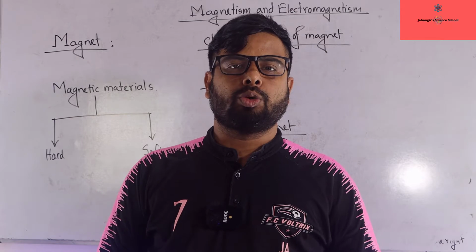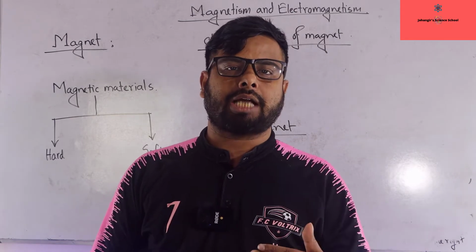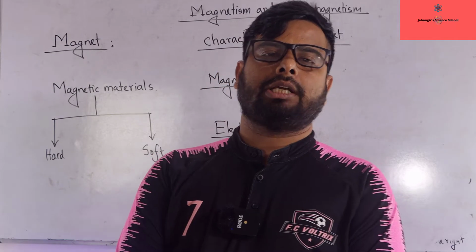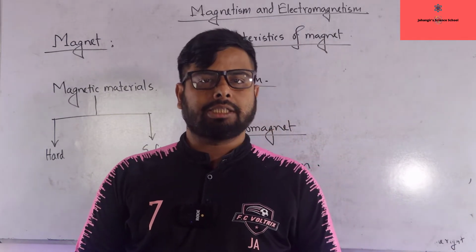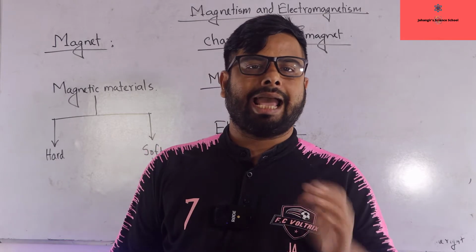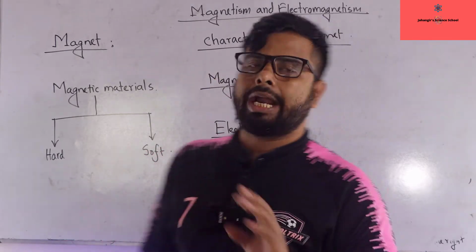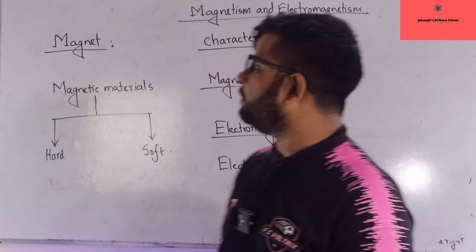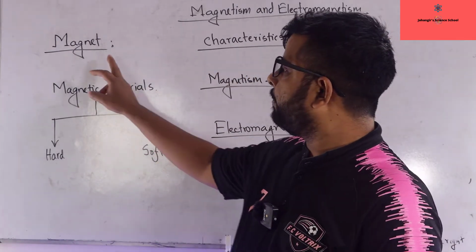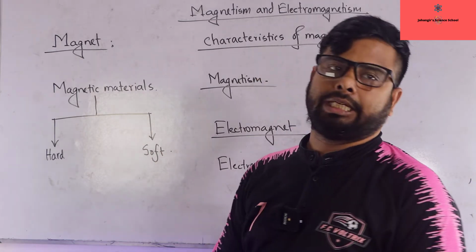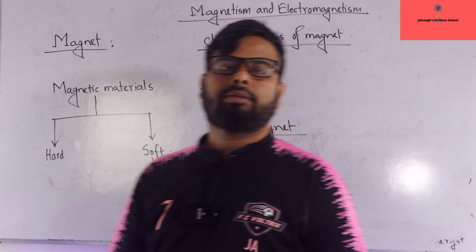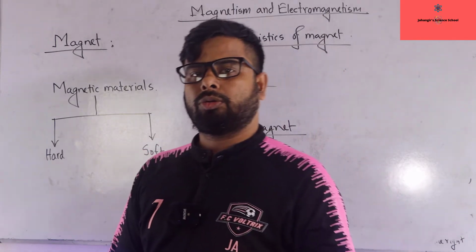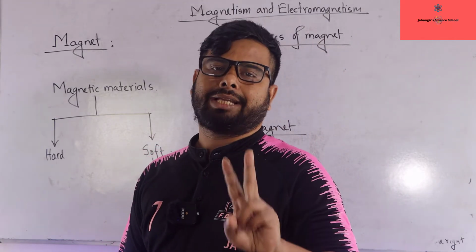The materials which can attract iron or iron-like magnetic material and it aligns north-south direction after a while, if we suspended it freely from a suspension, then that type of material is known as magnet. So, to become a magnet, we need two characteristics.